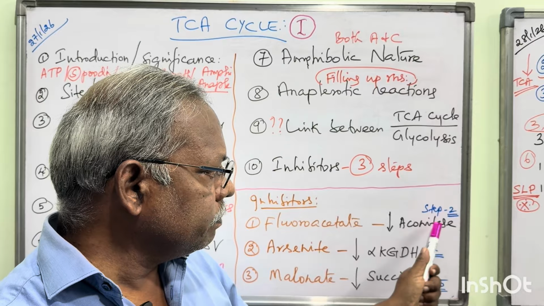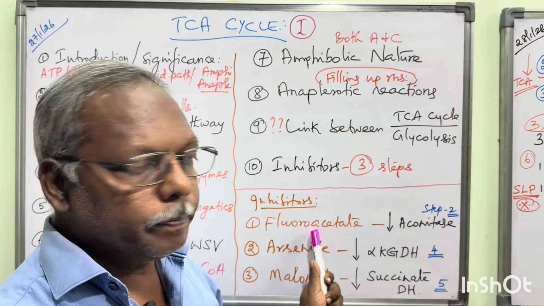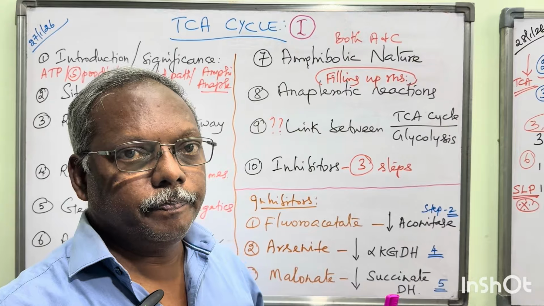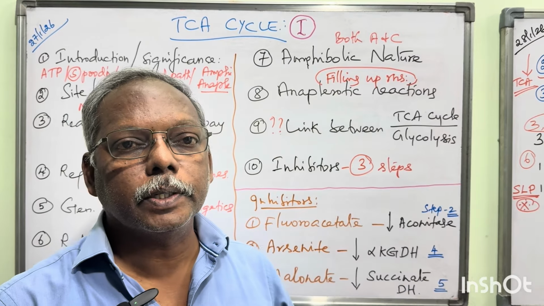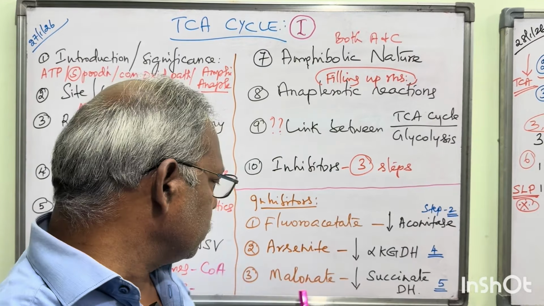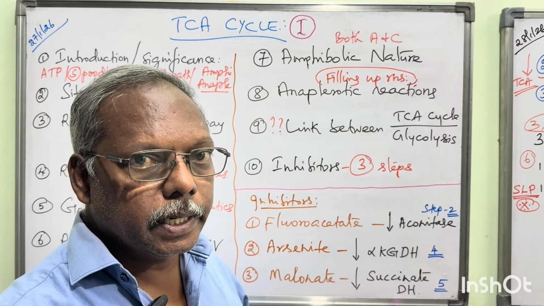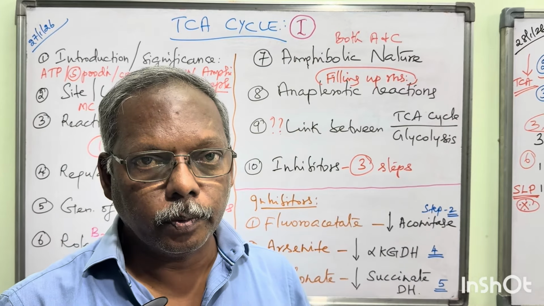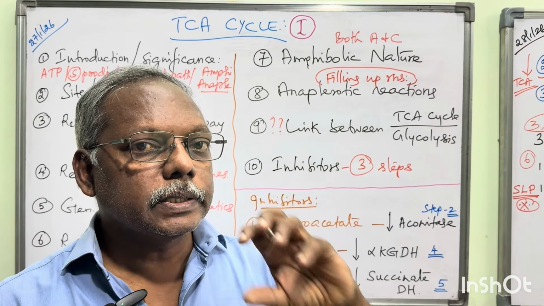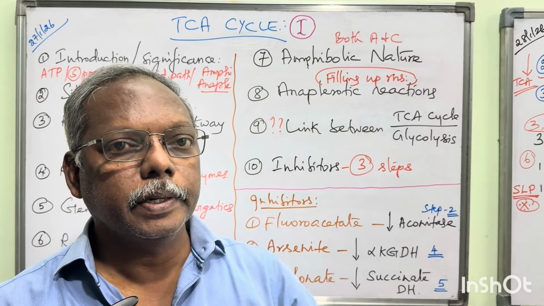So in the second step, the enzyme aconitase is inhibited by fluoroacetate. Second one is arsenate. This chemical inhibits alpha ketoglutarate dehydrogenase in step 4. Last one is malonate, which inhibits succinate dehydrogenase in step number 5. Like that, you have to mention all the points: step number, reaction number, enzyme name, inhibitor name.